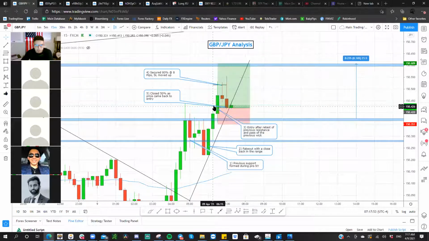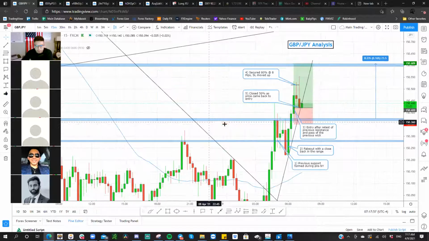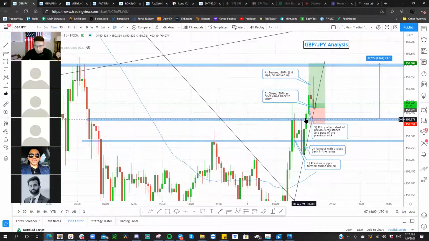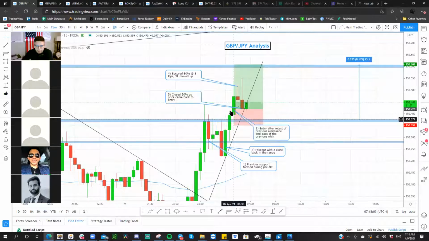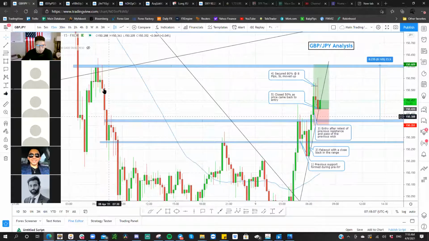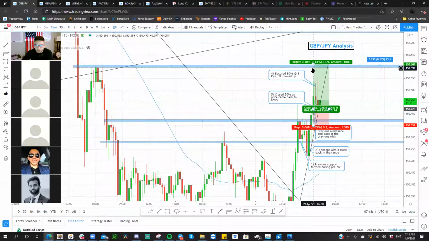But what I did was, it was around 6:25. I was waiting for the 30-minute to close. Didn't want to go crazy on a Friday. So I waited for a close above this resistance and the retest. I entered as we passed the high of this candle, anticipating a mirror of this move over here to come right back up and retest this area.